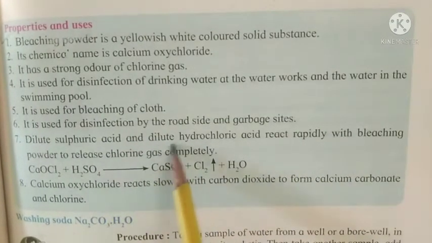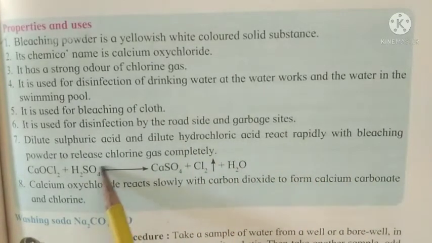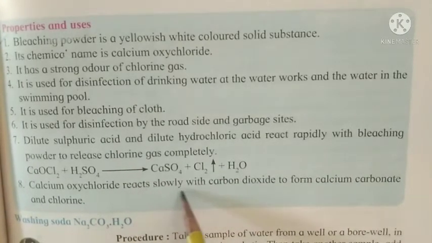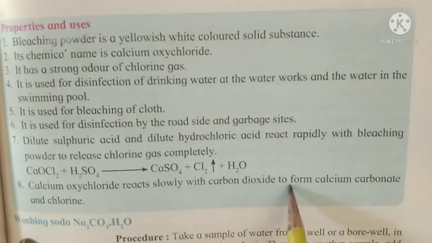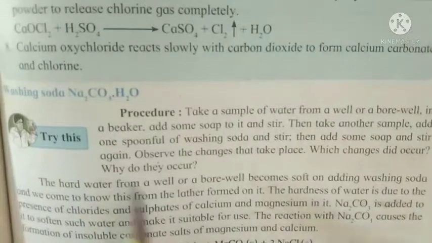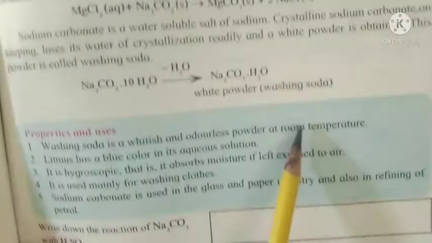Dilute sulfuric acid and dilute hydrochloric acid react rapidly with bleaching powder to release chlorine gas completely. See here, calcium oxychloride means bleaching powder. It reacts slowly with carbon dioxide to form calcium carbonate and chlorine. Now next, see washing soda, Na2CO3·10H2O. The properties are here.